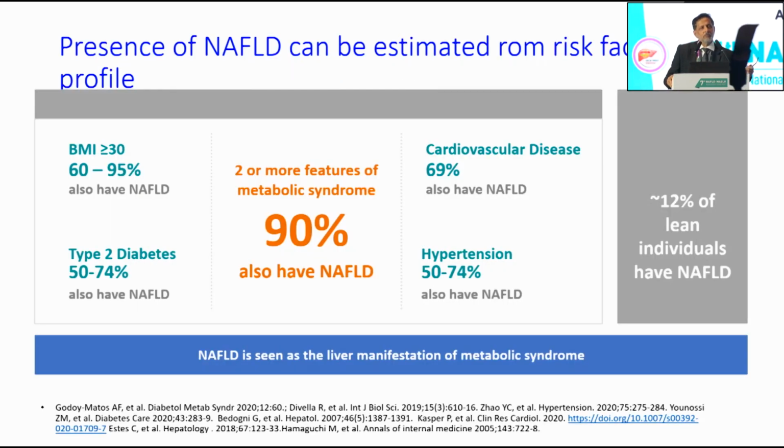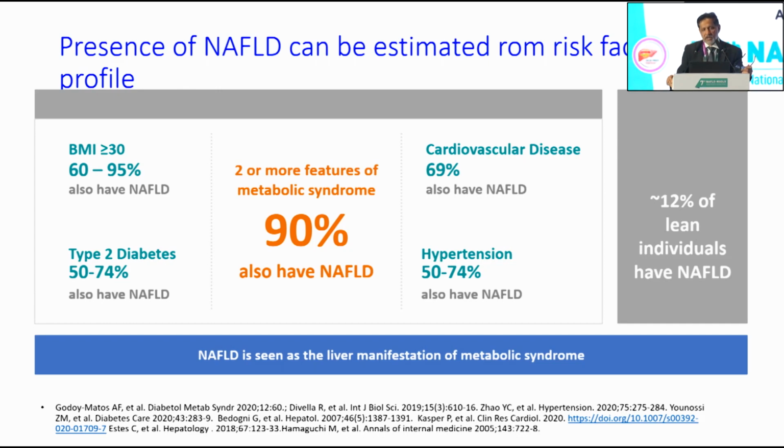So when it comes to talking about NAFLD, just by looking at the risk factor profile, you can get a pretty good estimate of whether somebody has excess fat in their liver or not.